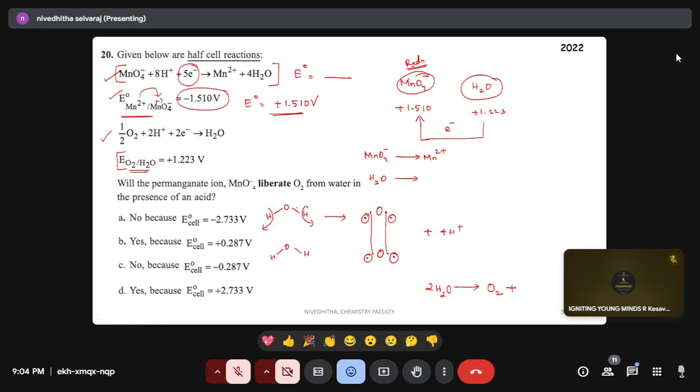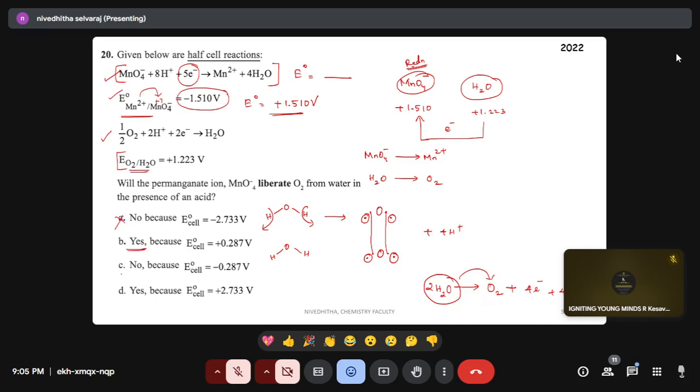Because 4 electrons were removed. So water is getting oxidized to O2. So if you dissolve MnO4 minus in water, then water will get oxidized and it will liberate O2. So answer is yes.